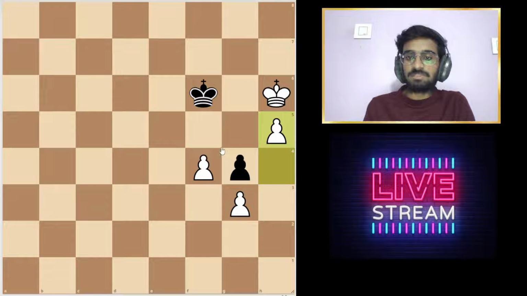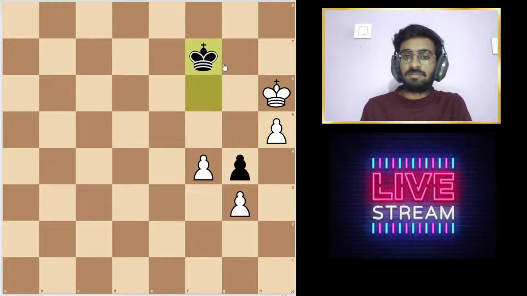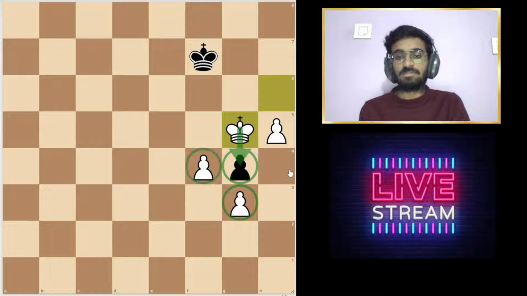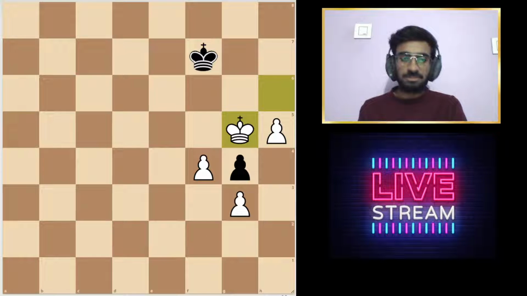The simple way is just to push the pawn. If he comes here, you can go here and push it. But if he comes here, you can just go back and pick up the other pawn, and these pawns will be enough to win. So this is how you have to solve fox in a chicken soup kind of positions.